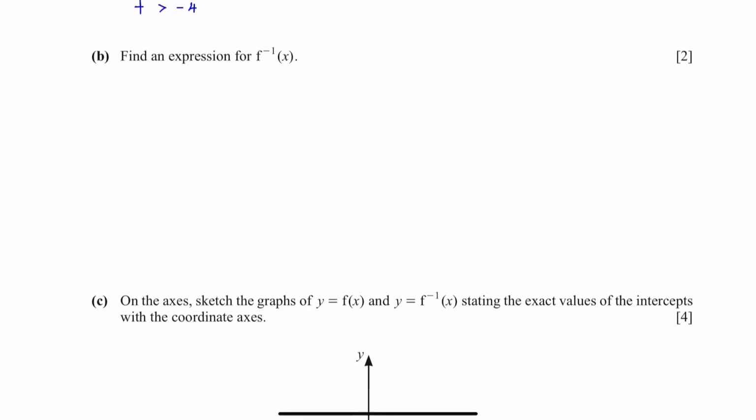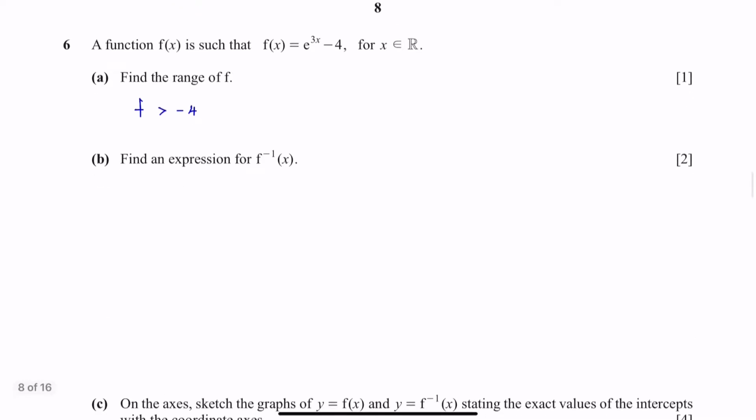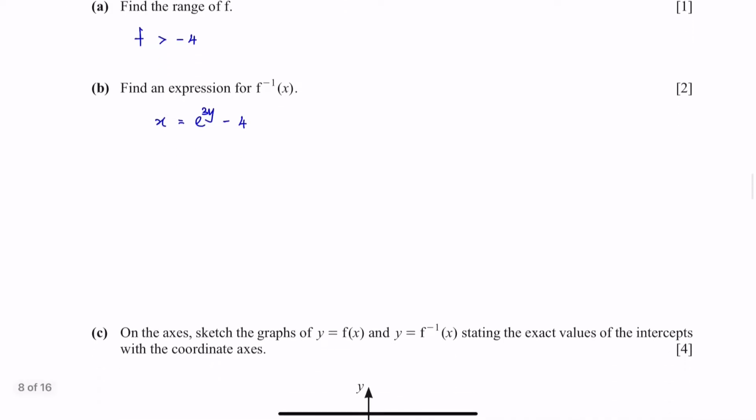For part B, find an expression for f inverse x. So we can switch the x and y. So we have x equals e to the 3y minus 4. So now we make y the subject.